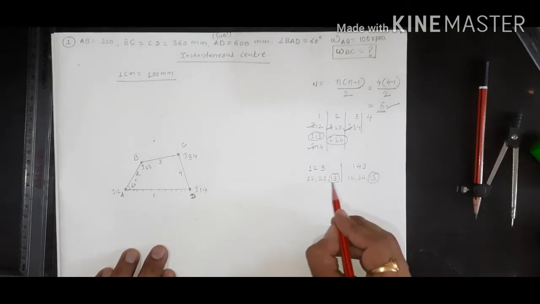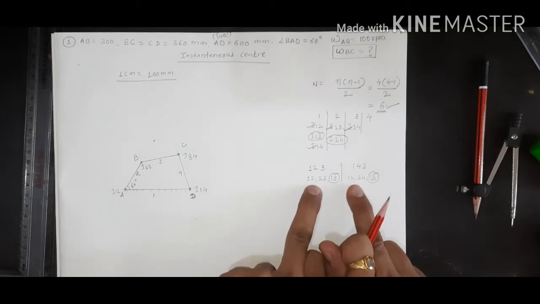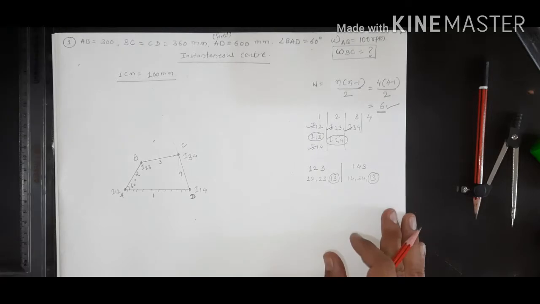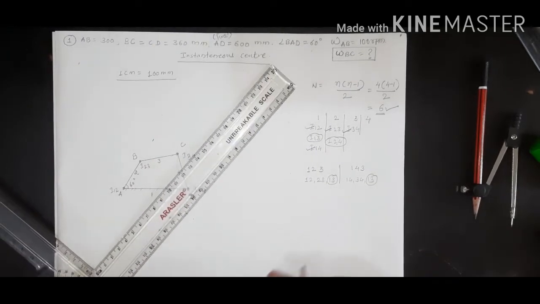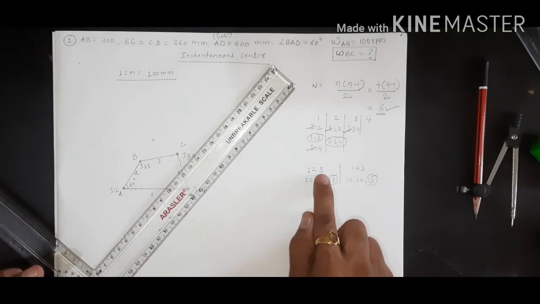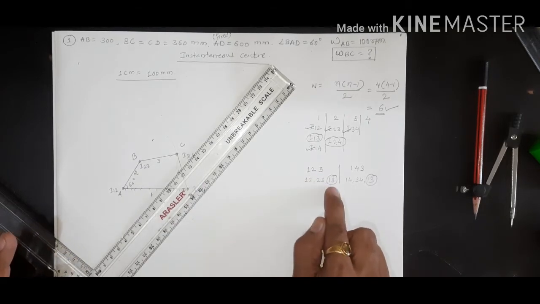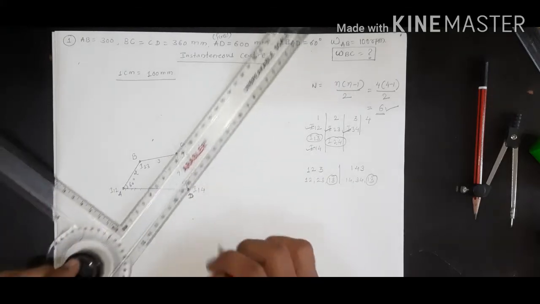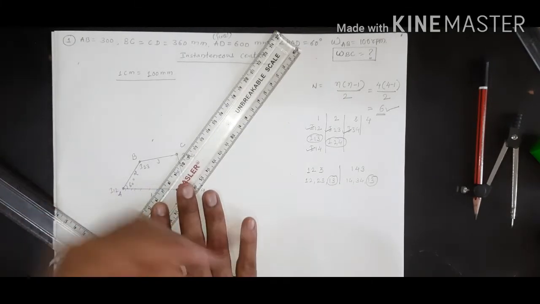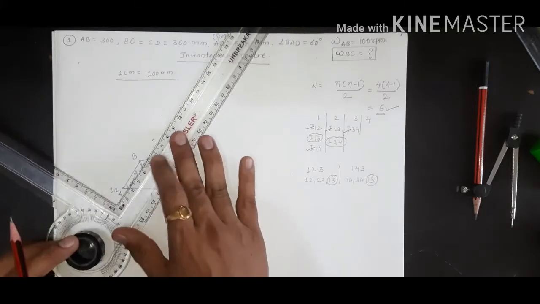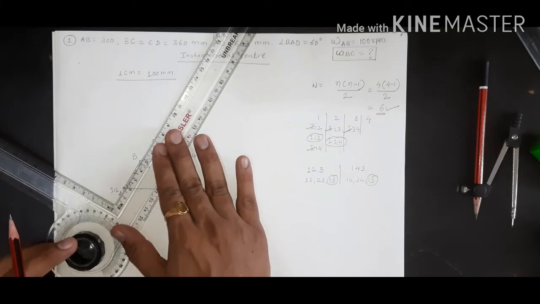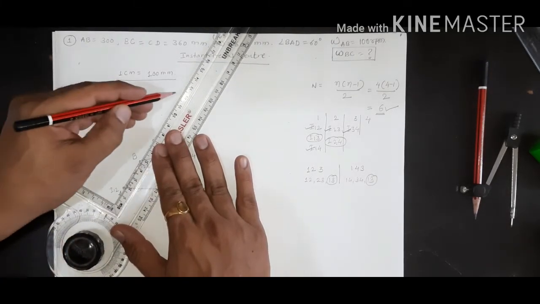We can get it when we draw lines from 1, 2, 2, 3 and 1, 4, 3, 4. Let us try to draw these lines now. Kennedy's theorem says that if 3 links are moving relative to each other, there will be 3 eye centers and these will lie on a straight line. So let me draw that dotted line through 1, 2 and 2, 3.